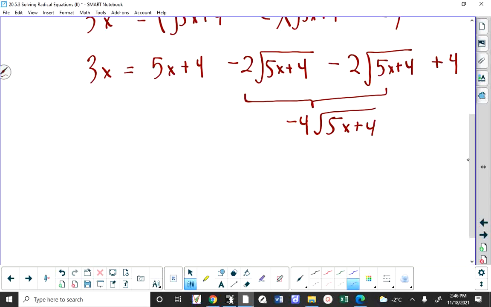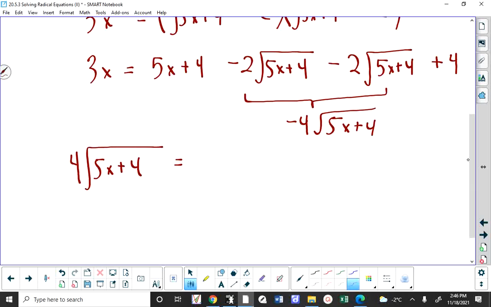And it really doesn't matter because when you square, the negatives are going to go away, but I would still rather have the thing that we're going to isolate be positive. So what I would prefer to do is move that negative 4 root 5x plus 4 to the left-hand side of the equation, where it becomes 4 root 5x plus 4.